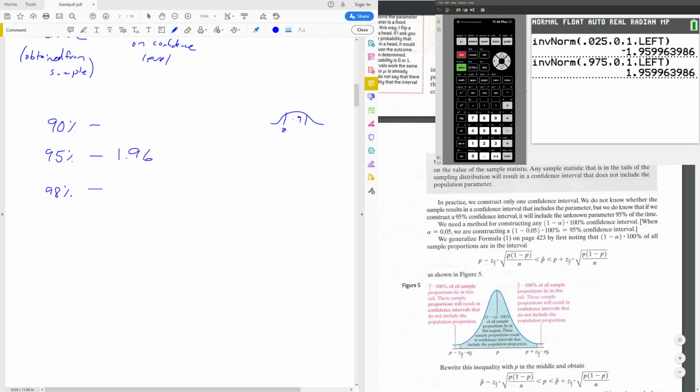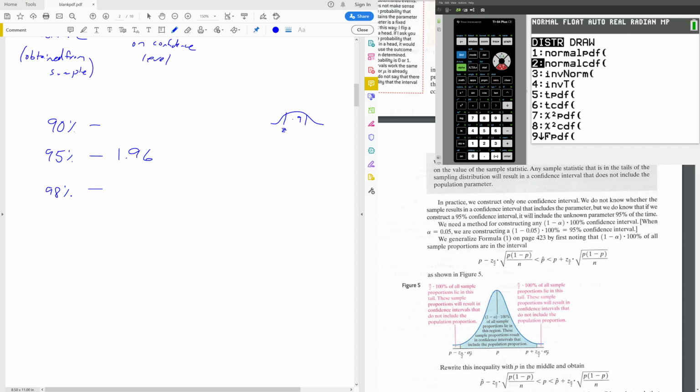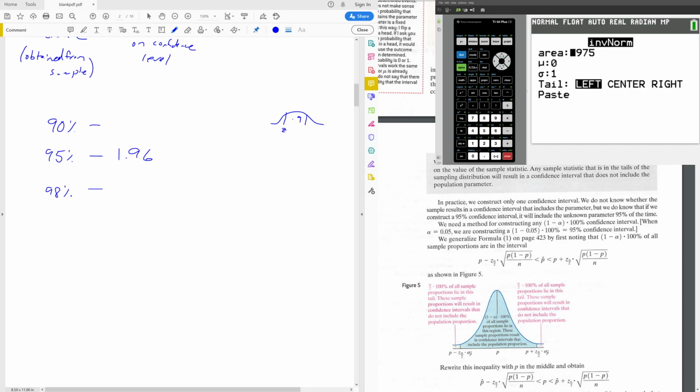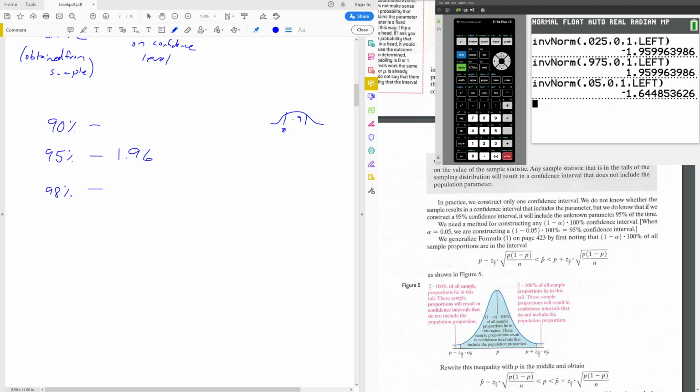So if I go back to my calculator, inverse norm, and do 0.05, we get approximately 1.64 for 90%.